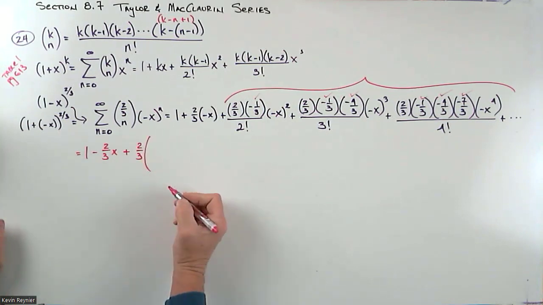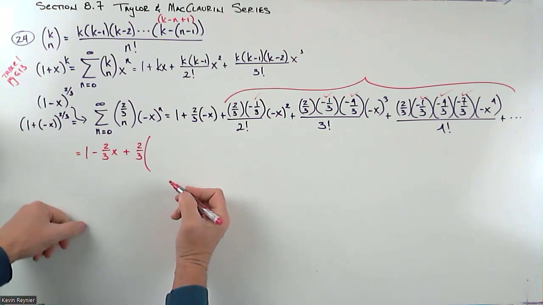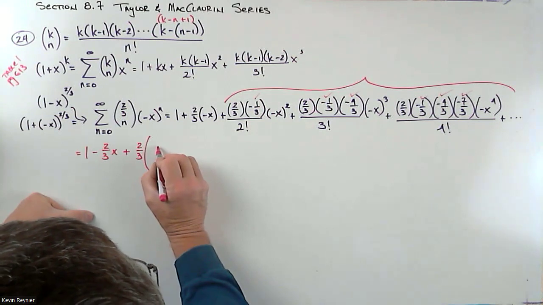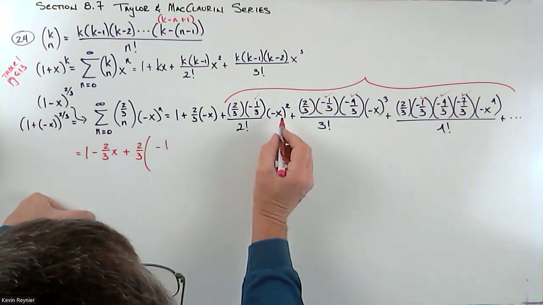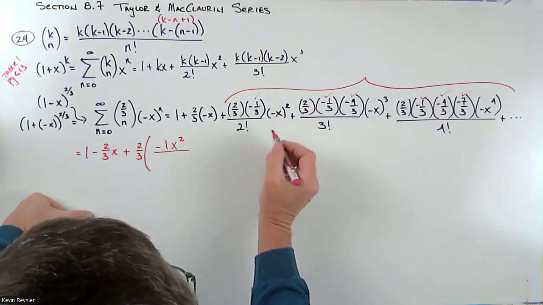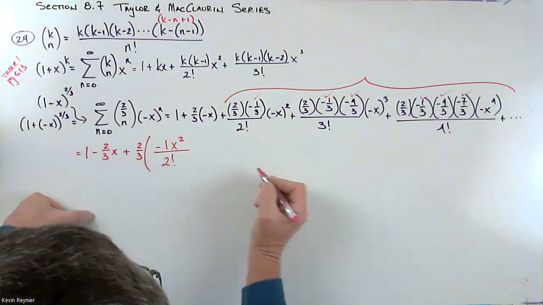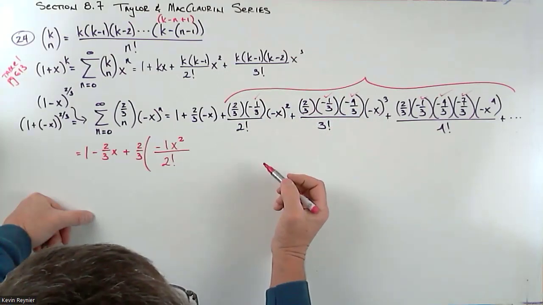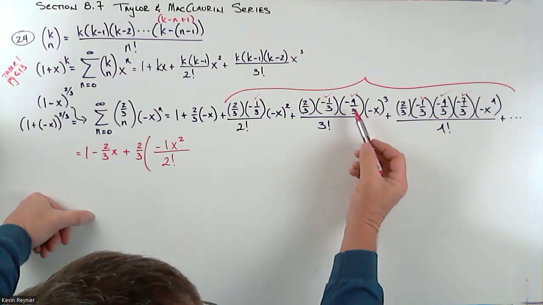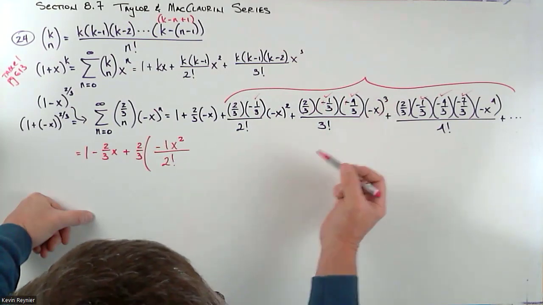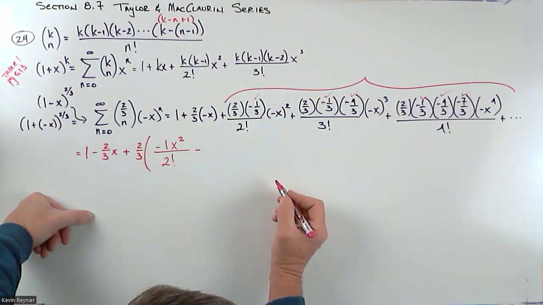And I'm just going to take the time to write down what I have left. This is going to be negative 1 on the top. I'm going to have x squared, aren't I? Because negative x squared is x squared. And down here I have 2 factorial. What am I going to have over here? Well, this negative and this negative are going to cancel, but I have negative x cubed, so this is still going to be negative.